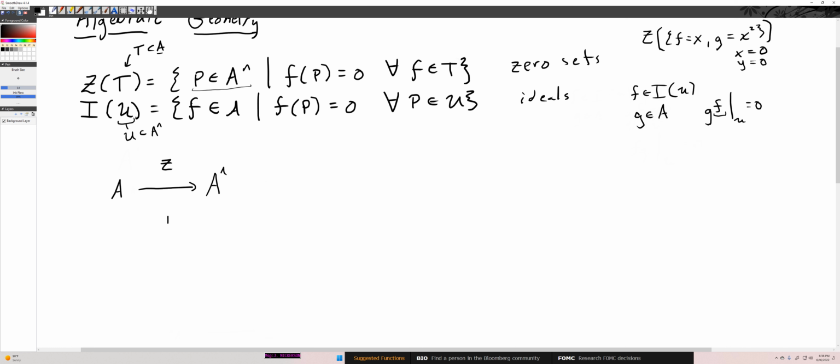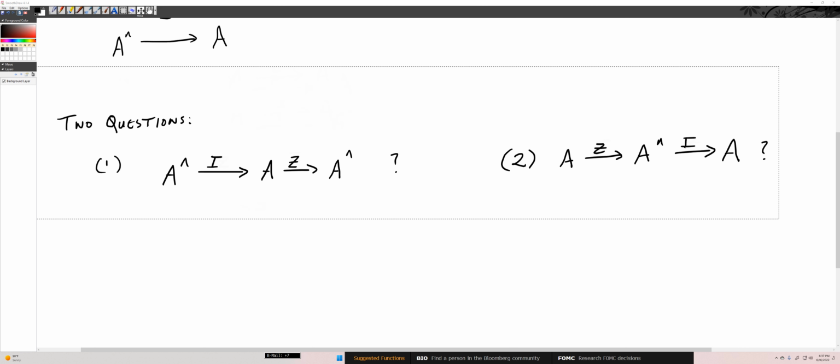And similarly, you can think of I as taking some chunk of the affine space and sending it to some ideal in the ring A. So this leaves a lot of things to think about.